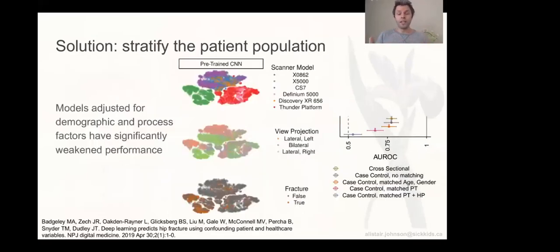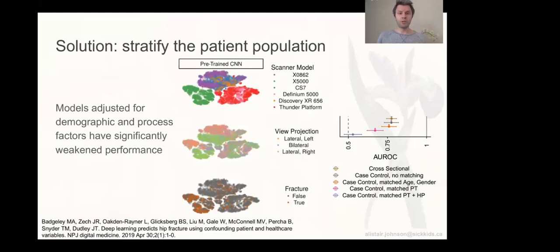Finally, there's a very interesting, more stats-oriented approach, which is to stratify your patient population appropriately. If you look at this middle figure, you can see that the source of the X-ray and the view projection cluster these X-rays very nicely.